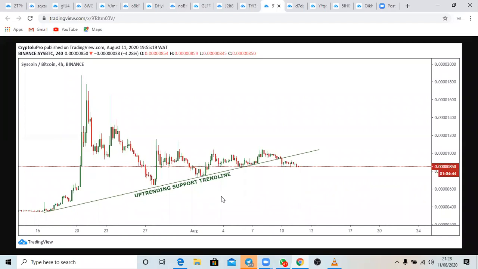Please, if you are confused, what am I calling price? Price is candlesticks. So there's no limit to how many times candlesticks can touch a trend line. It can touch it 15 times, 100 times, 50 times, and sometimes just 2 times. There's no limit, but at least you must have 2 touches on the trend line before it can be valid.